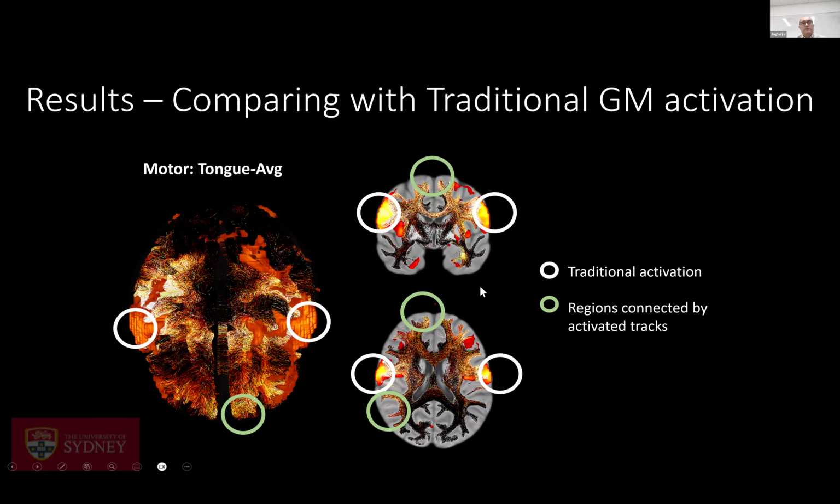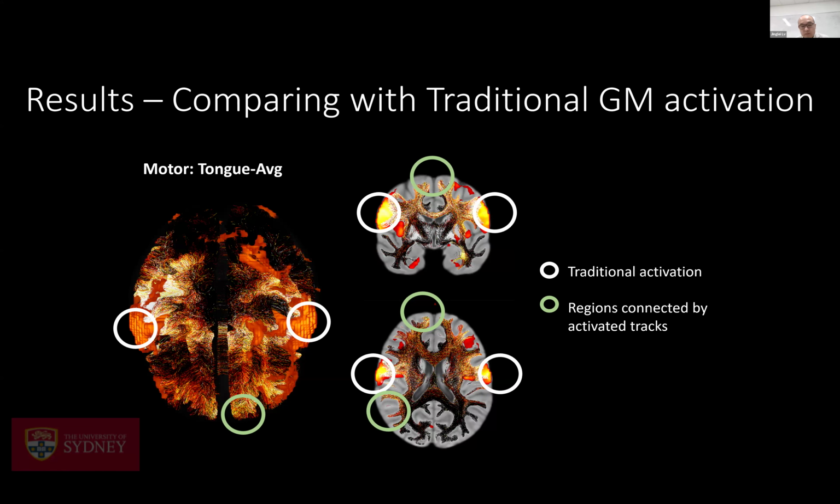So this suggests that the functional activation in the brain could be network-level behavior rather than regional. Our Tract-DFC method does provide a new insight into the functional brain mechanism.